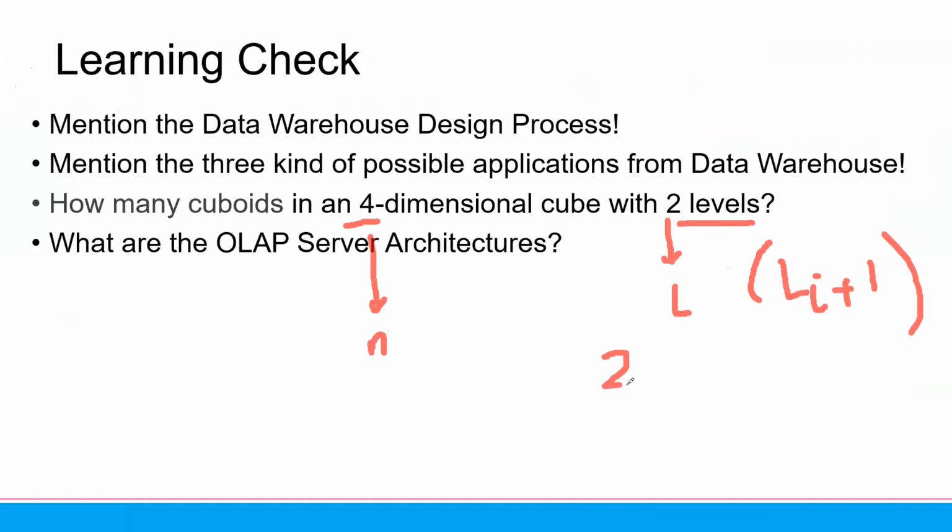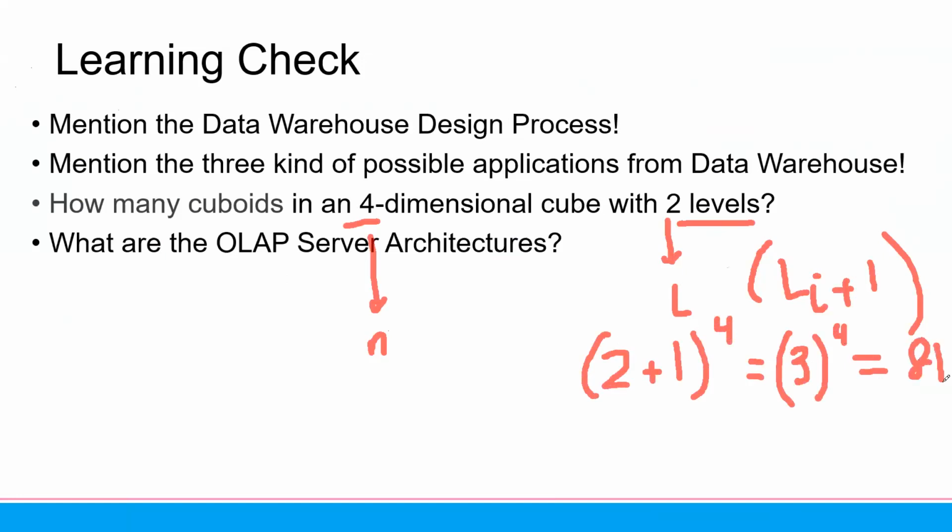So it means this is 2 plus 1, and we have 4 dimensions, so we will exponent with 4. So 3 to the power of 4 is 81. So there will be 81 cuboids created for this 4-dimensional cube with 2 levels.